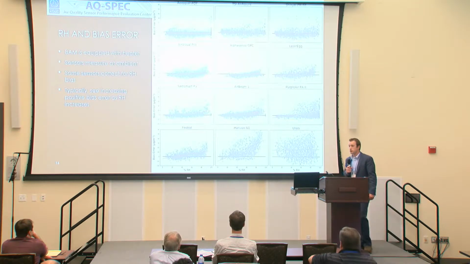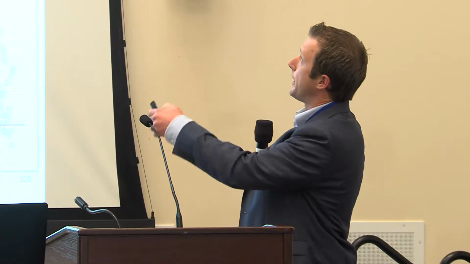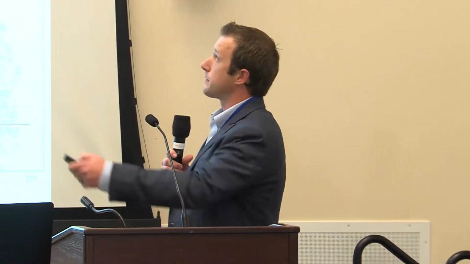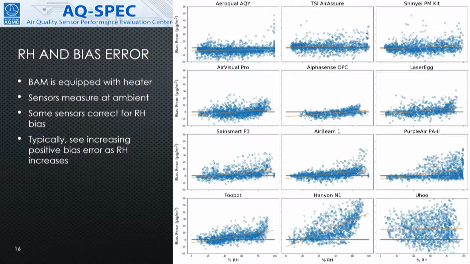Some of the sensors do correct for relative humidity for their PM 2.5 measurements, and you can see that on the top portion here, where these sensors have a flat line for error as RH increases. Those ones correct. As you come down the plot, you start seeing sensors that are impacted more by RH. As RH increases, we see the measurement error also increase. So you can get different things going on in coastal environments when you have these deployed.